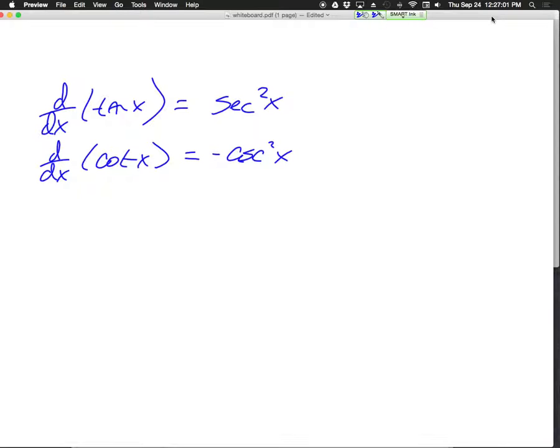Okay, and how'd you know it was negative? I told you the other day that anytime I take the derivative of a trig function that starts with c, it has to be negative. So that's how we knew that it needed to be negative. So the derivative of tangent is secant squared. The derivative of cotangent is negative cosecant squared.